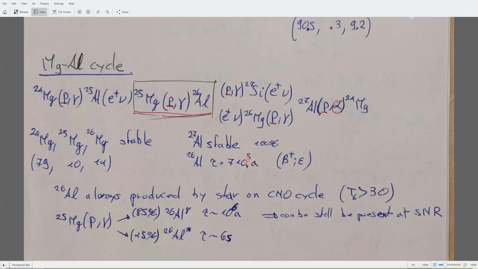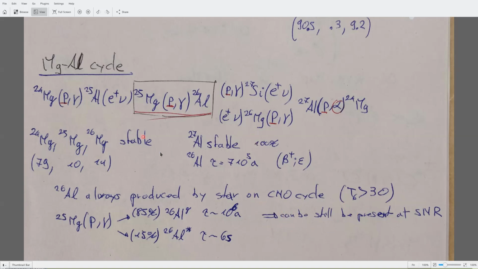And the life, as I know, is not so big, a little less than 1 million years here, but is enough for a star that produced it, when it will explode in a supernova, to leave this aluminum there or contaminate in another way with the aluminum.